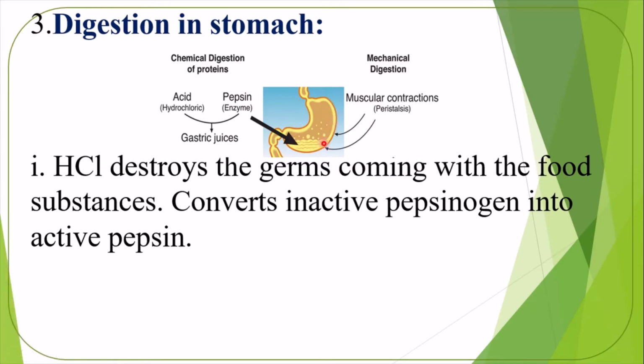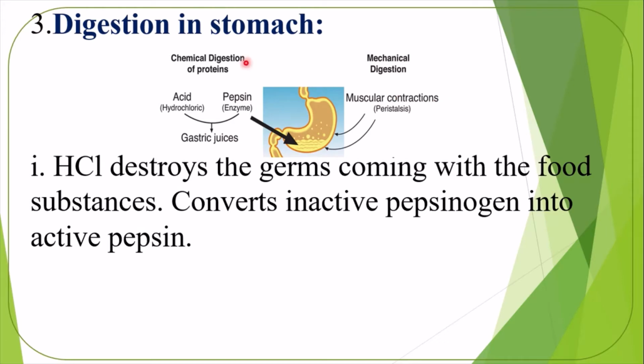This is our stomach. In the stomach, two types of digestion are completed: mechanical digestion and chemical digestion. Mechanical digestion of the stomach is done by muscular contraction, that means contraction and relaxation of the stomach, which is called peristalsis or peristaltic movement.